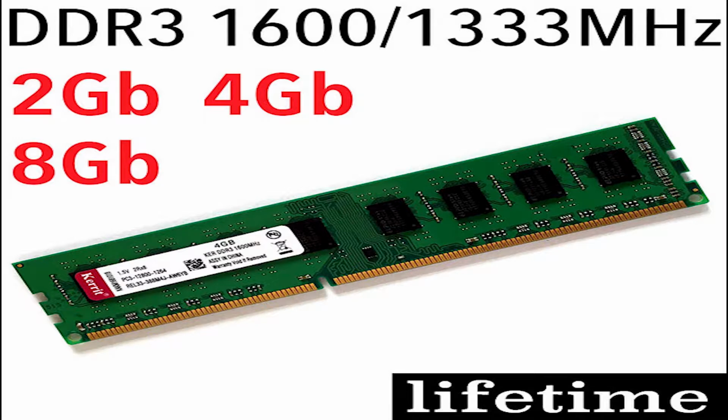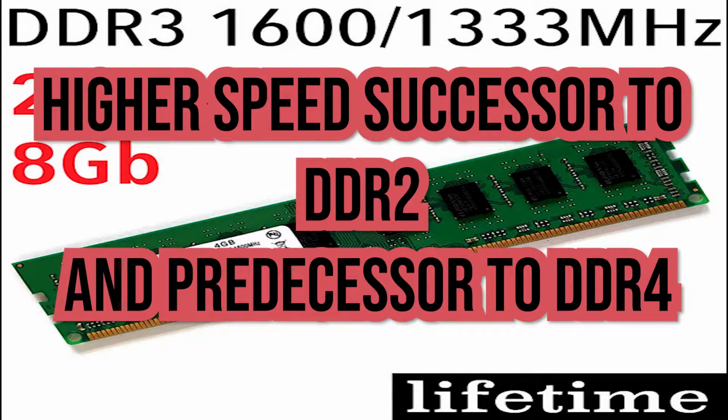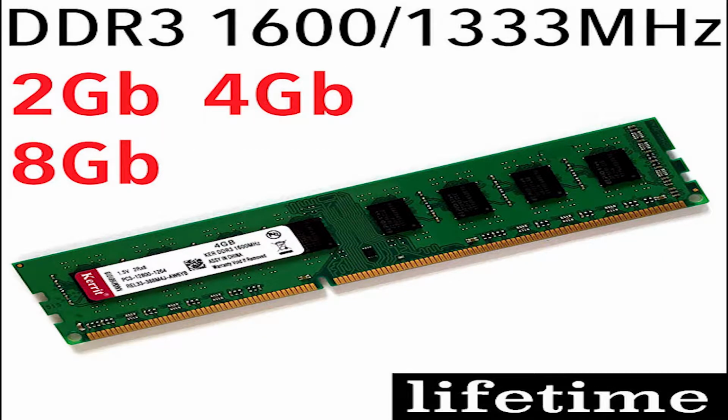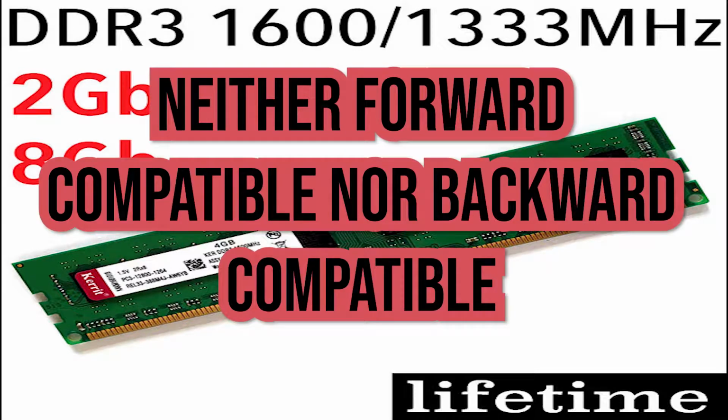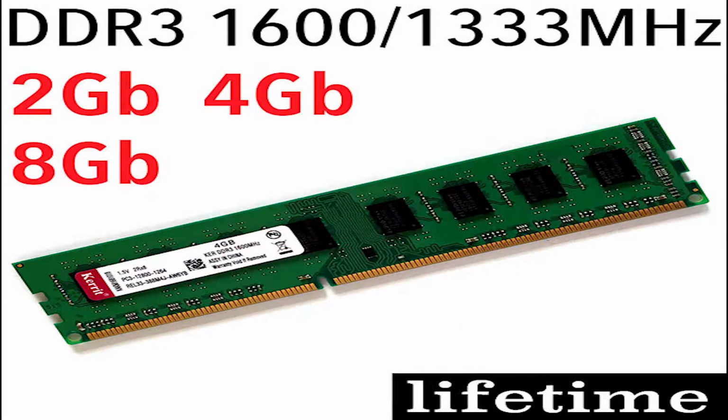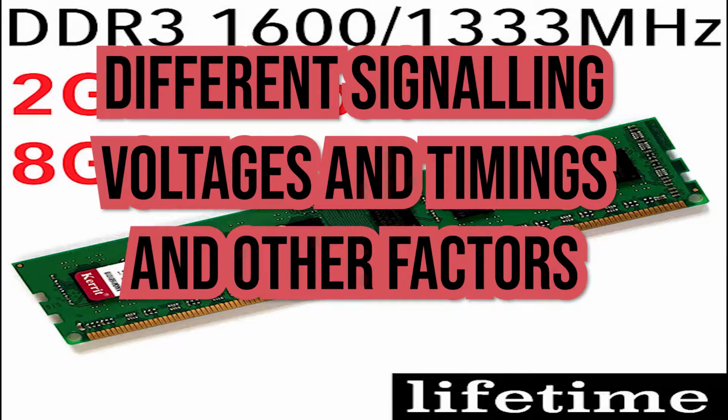DDR3 SDRAM is the highest speed successor to DDR and DDR2 and the predecessor to DDR4 SDRAM chips. DDR3 is neither forward compatible nor backward compatible with any earlier type of random access memory because of the different signaling voltages, timings, and other factors.